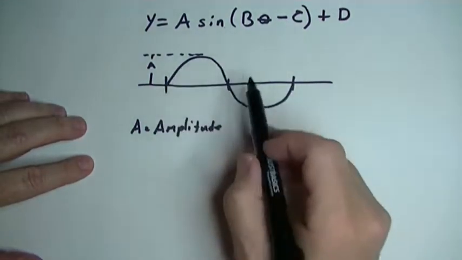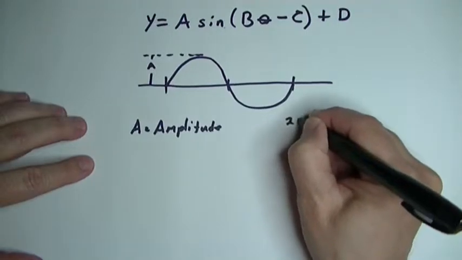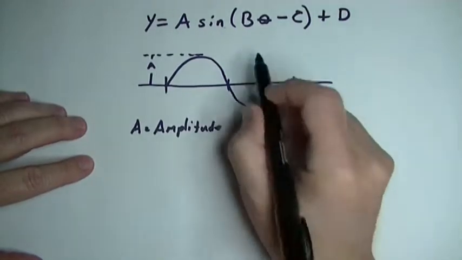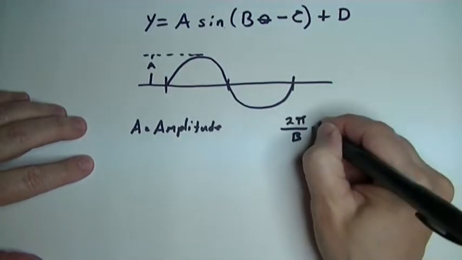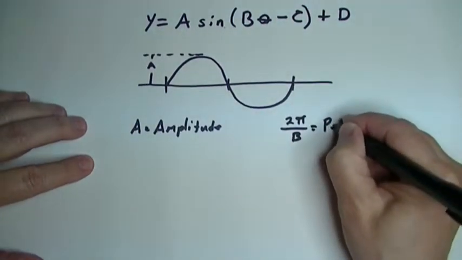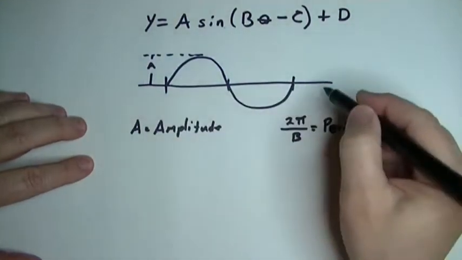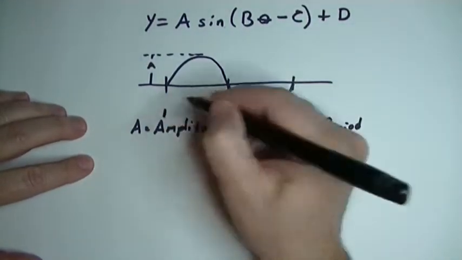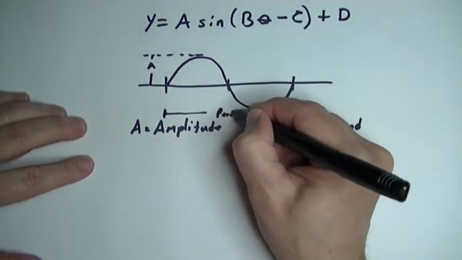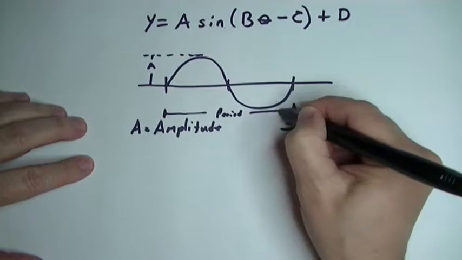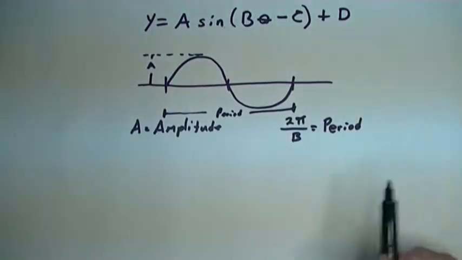So the normal period of sine is 2 pi. So if you just take 2 pi divided by that B value, then this is going to be your new period, which tells you the distance from here to here. Can't really read that, but you know what I'm talking about. That's the period from here to here. So now you know this distance.